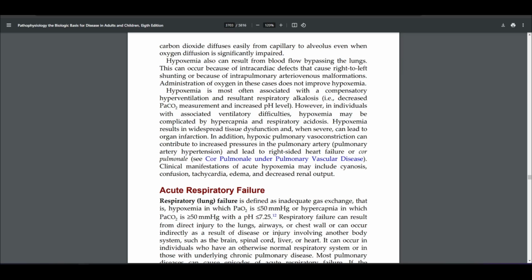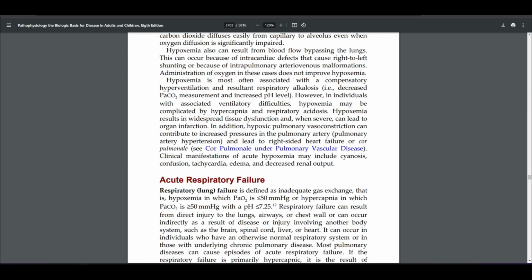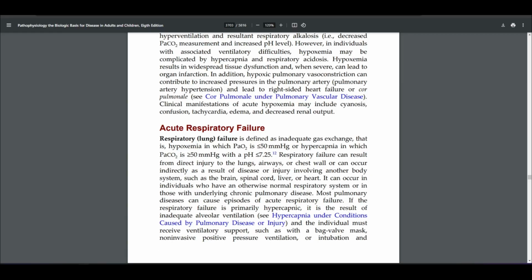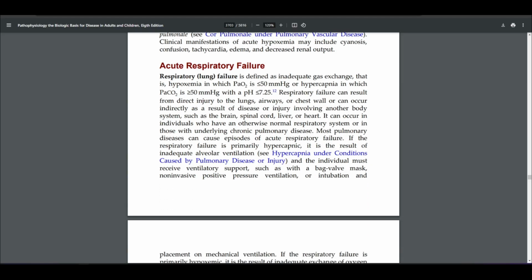In addition, hypoxic pulmonary vasoconstriction can contribute to increased pressure in the pulmonary artery and lead to right-sided heart failure, or cor pulmonale. Clinical manifestations of acute hypoxemia may include cyanosis, confusion, tachycardia, edema, and a decrease in renal output.